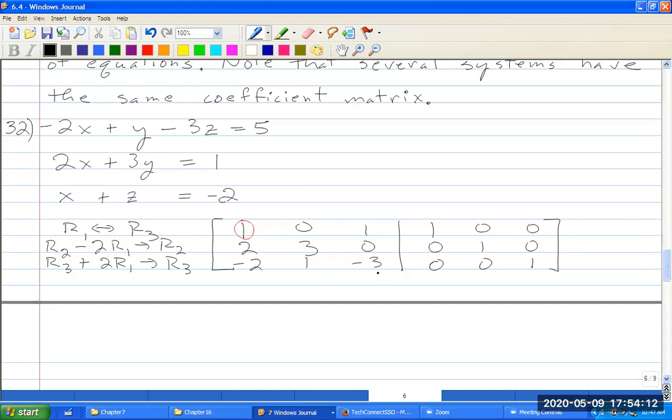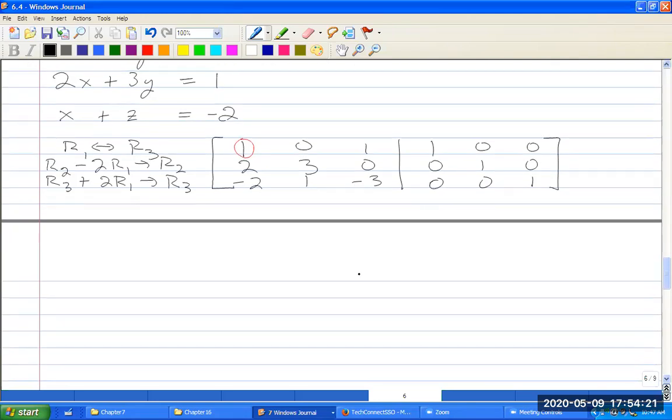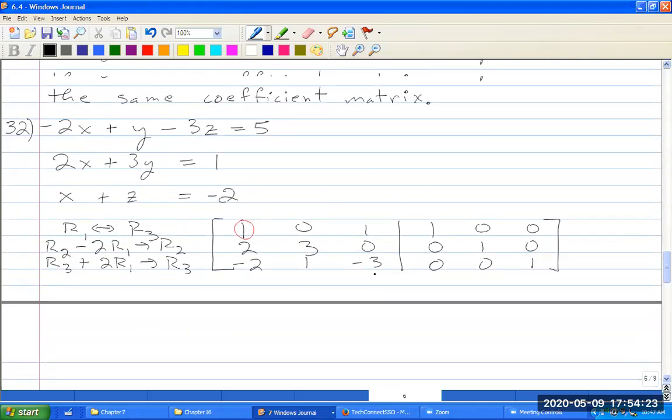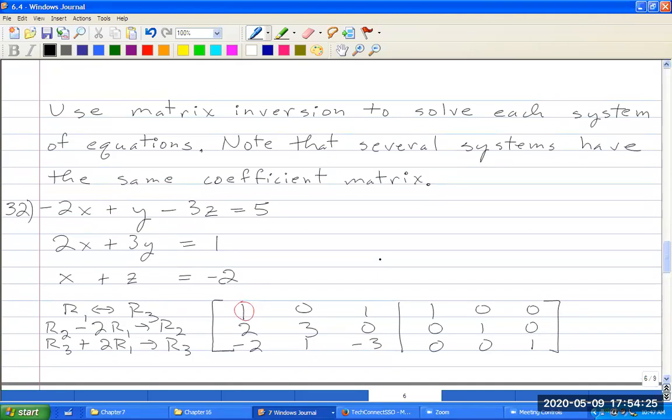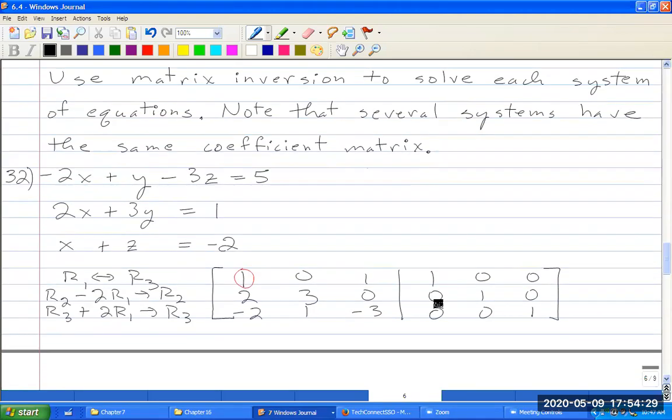On the right-hand side, I put the identity rather than the non-homogeneous part. Oh, I interchange first and third rows. So I better do that. Actually, let's just do that first.